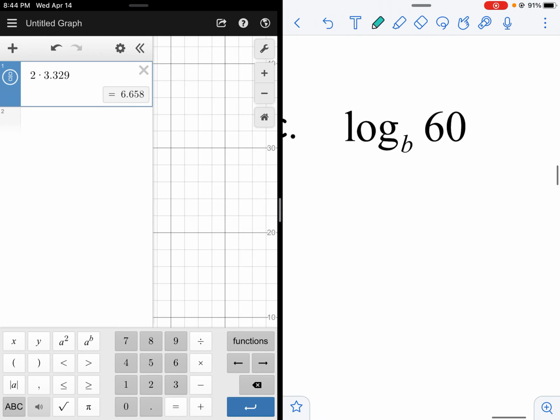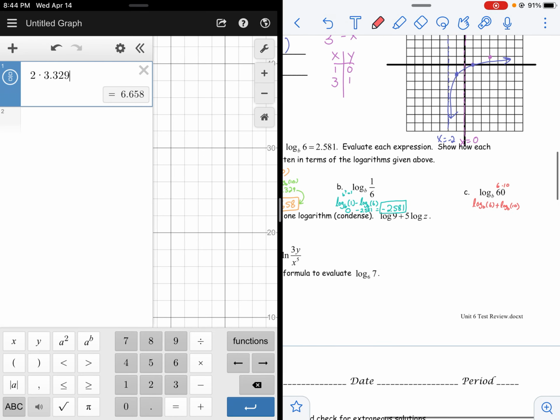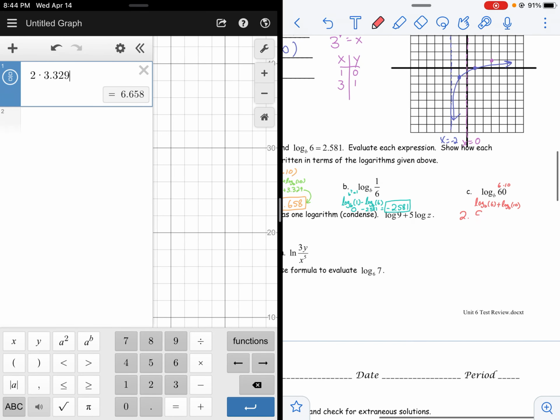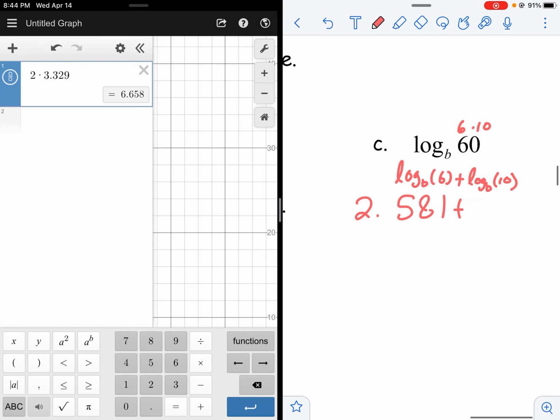All right, lastly here we have letter C. Letter C, this 60 splits up into 6 times 10, so that's log base b of 6 plus log base b of 10. So then log base b of 6 is 2.581 plus log base b of 10 is 3.329.